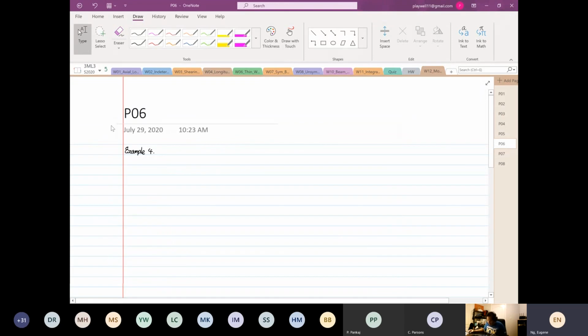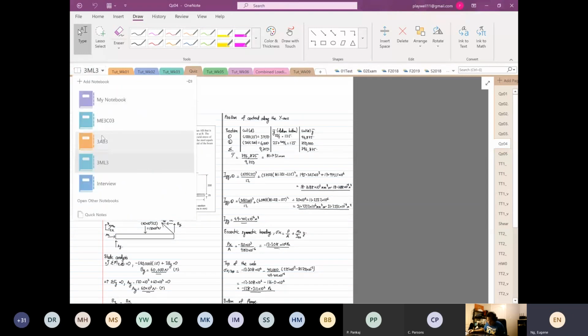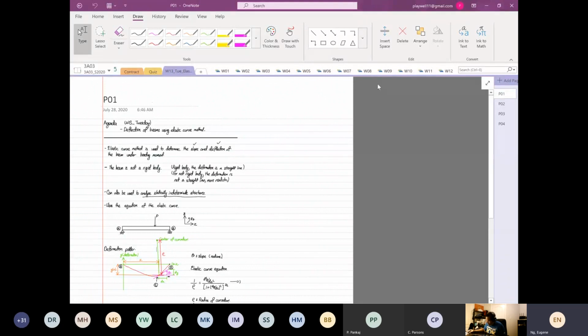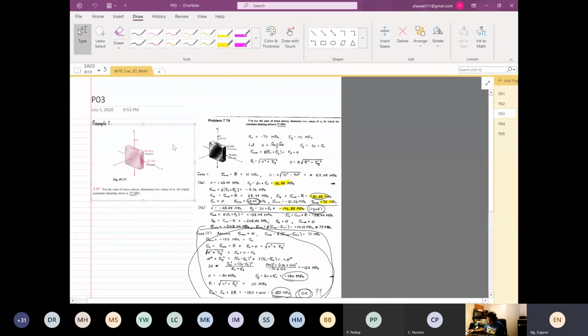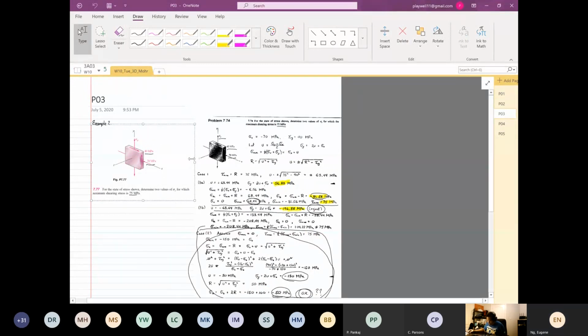Okay, so example number 4, I'm going to pick from another lecture that I did before. Okay, so summer. I could not remember when I teach 3D Mohr Circle. I'm going to take the whole thing.